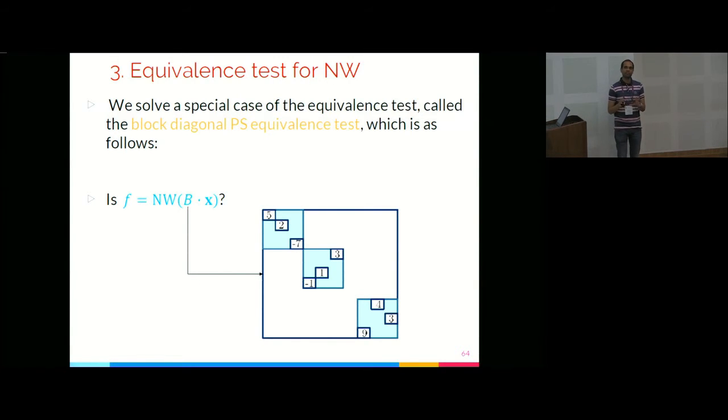So we answered the question whether your polynomial F is equivalent to the design polynomial via this matrix B, which is now a block diagonal matrix. And further, if we look into the diagonal blocks, these are products of smaller invertible diagonal and permutation matrices. So this is what we call the block diagonal PS equivalence test.